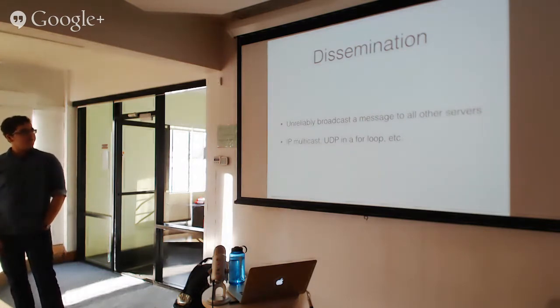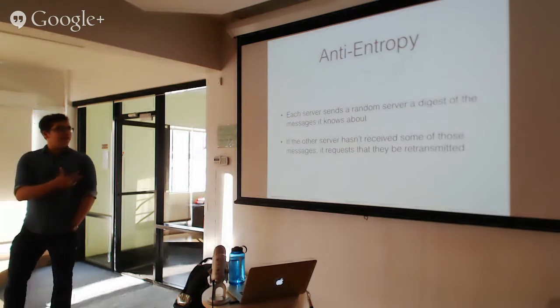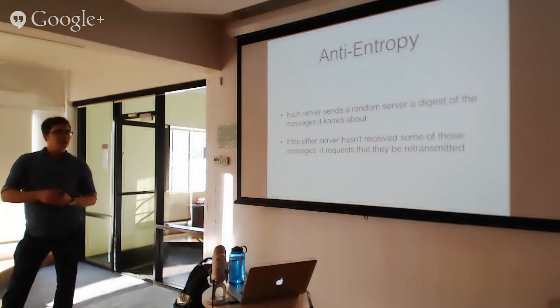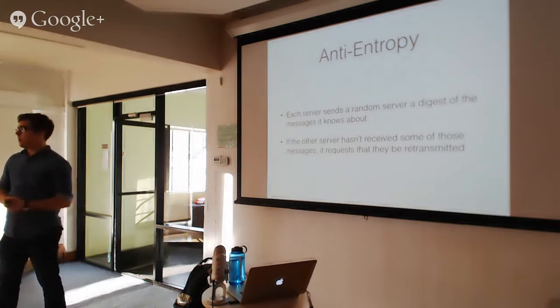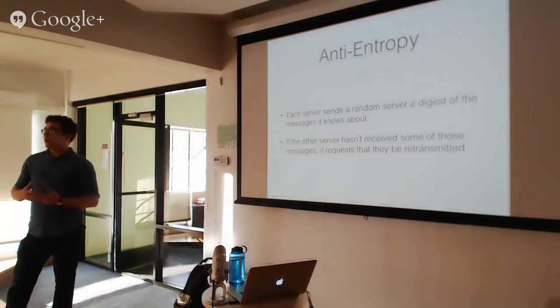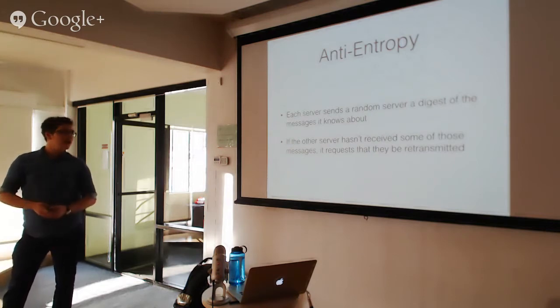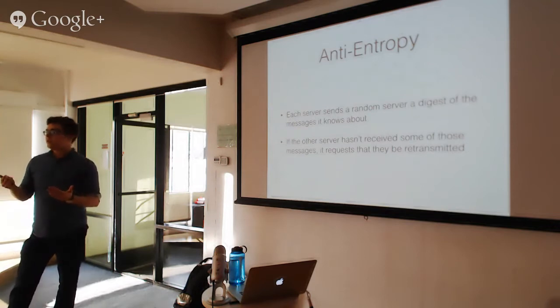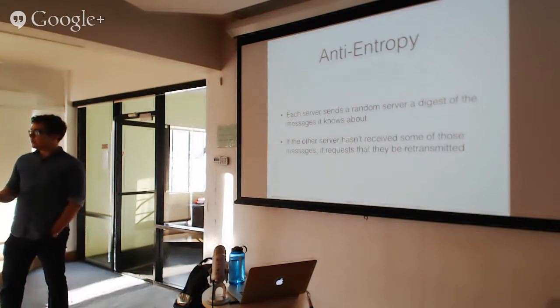So the actual best-effort delivery guarantees come from this anti-entropy phase. Periodically this anti-entropy phase runs, and every server picks another server at random and sends them a digest containing all the messages that it has. This other server receives this digest. It compares the digest it received to its own digest and tries to see if it's missing any messages.